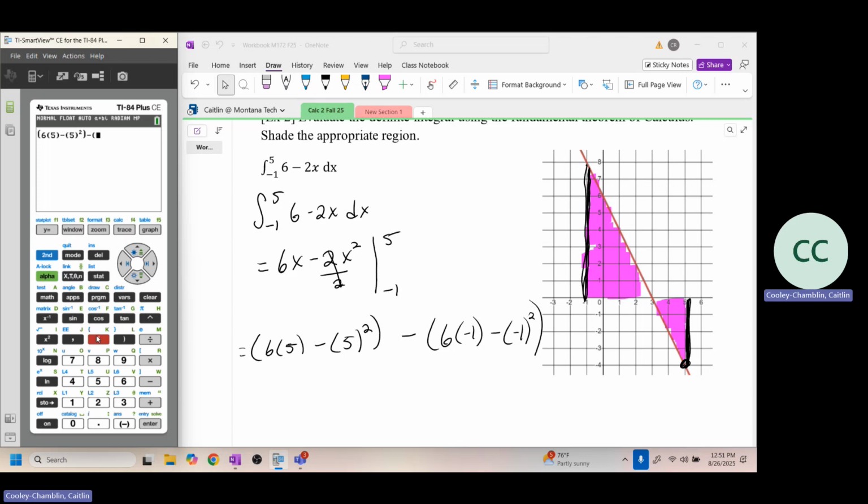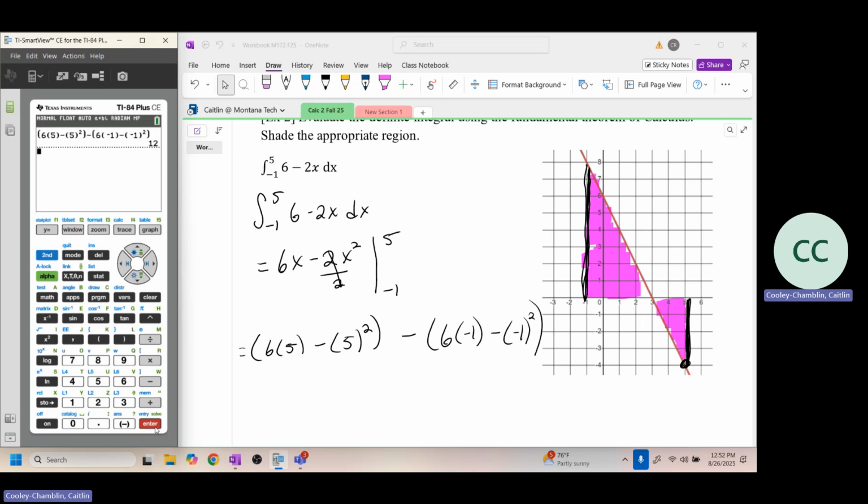And now I'm going to subtract off when I'm evaluating my antiderivative at -1. So I have 6 times -1 minus -1 squared. Okay, and I'm going to close off that parenthesis.